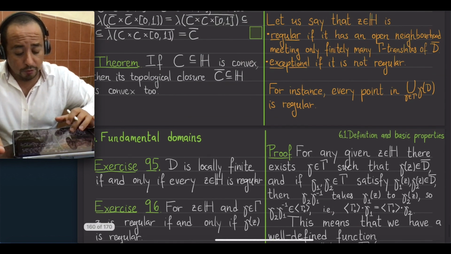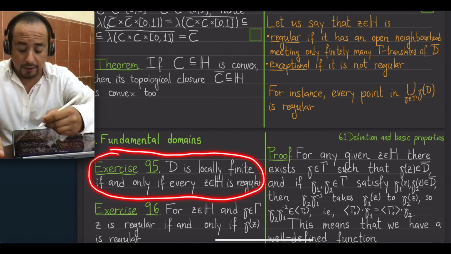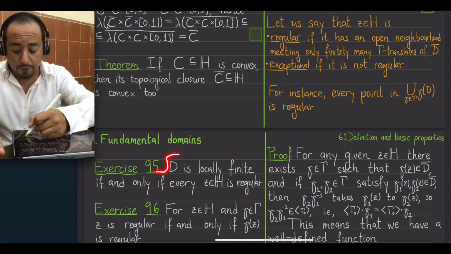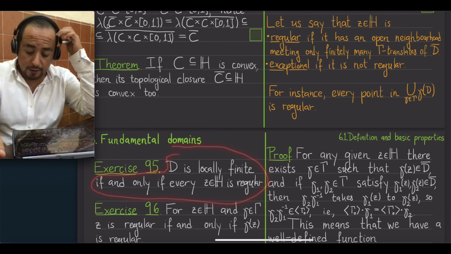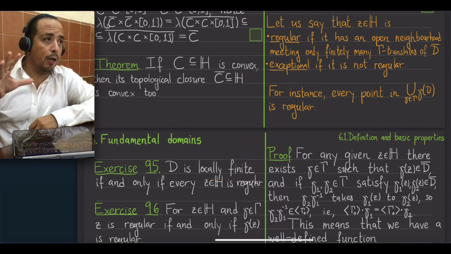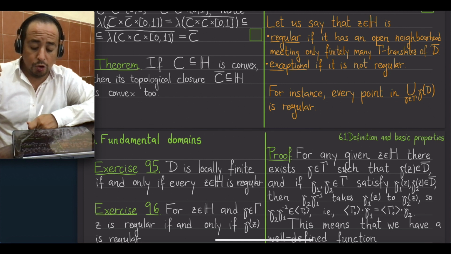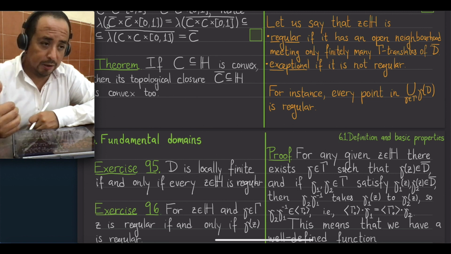Okay, and so what Beardon's book argues is that every point is regular, and so this is locally finite. What he says is that he is going to prove two things: first, that the set of exceptional points is always countable; and second, that if non-empty, then it has to be uncountable.